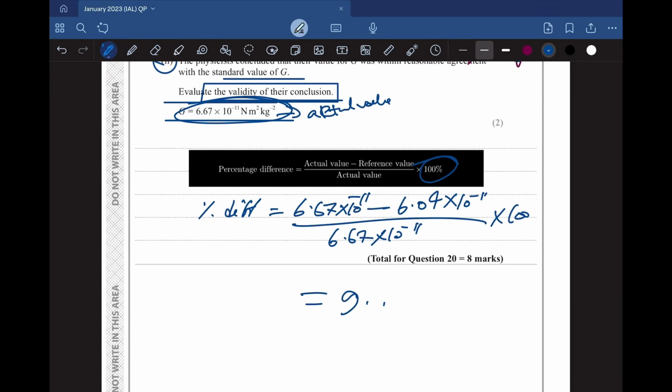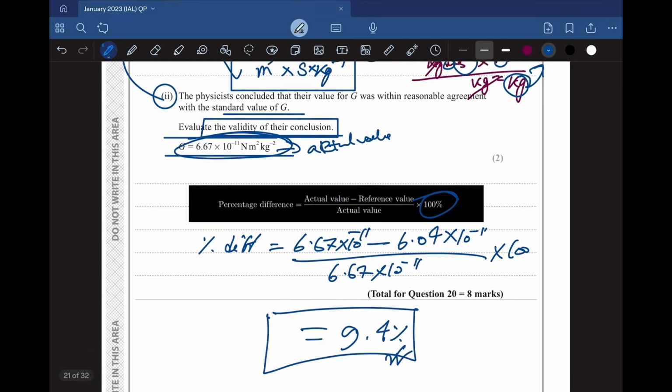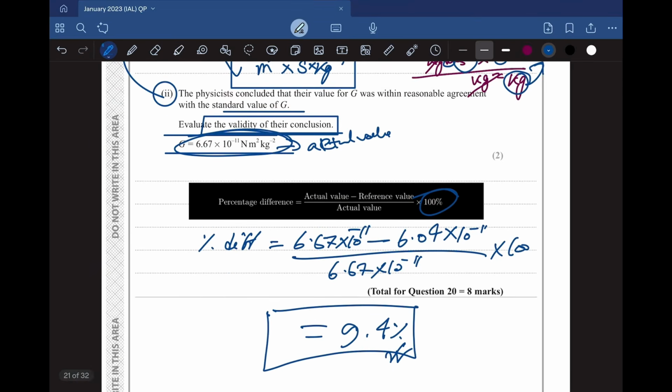It will give us a value of 9.4%. This is how we will evaluate this. We can also say, as the percentage difference is very low, less than 10%, yes, it can be concluded as the standard value of g.